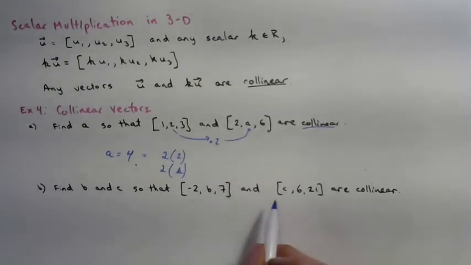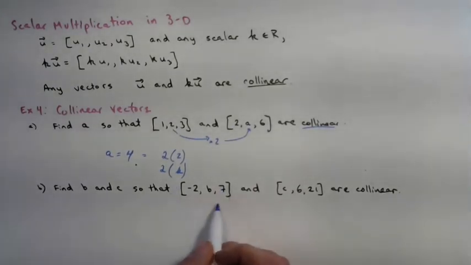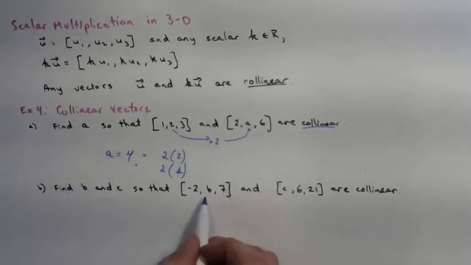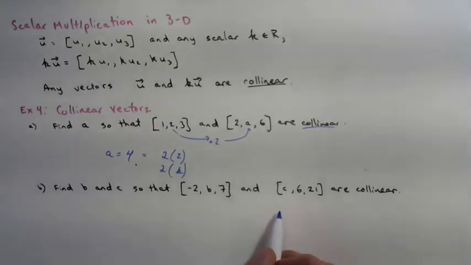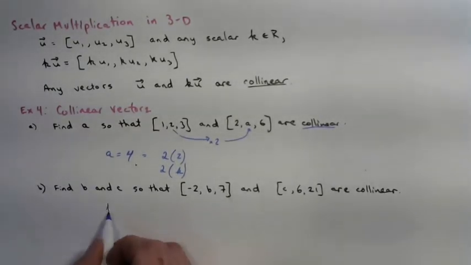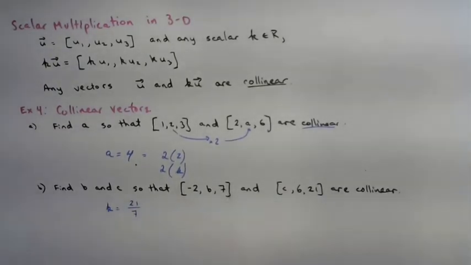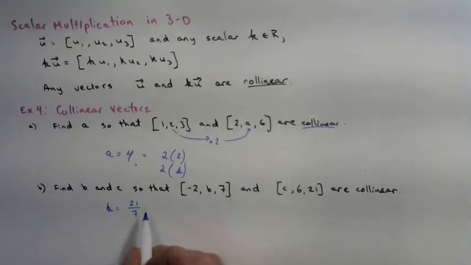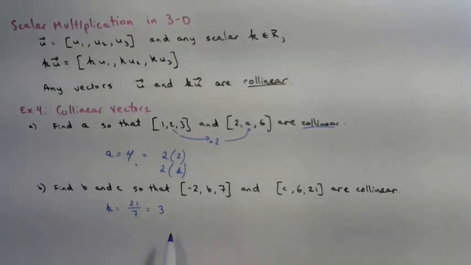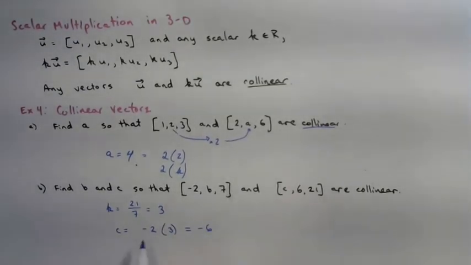It's going to be 21 over 7, right? Because that's how I'm going to get from each coordinate in my original vector to its collinear vector. Whether I can work backwards too, it's not a big deal. But at any rate, the ratio k is going to be equal to 21 over 7, which is 3. Therefore, C equals negative 2 times 3, which is negative 6.